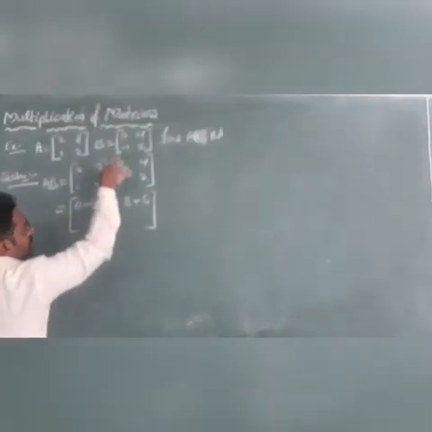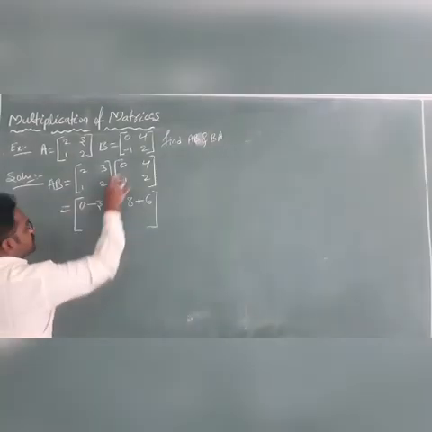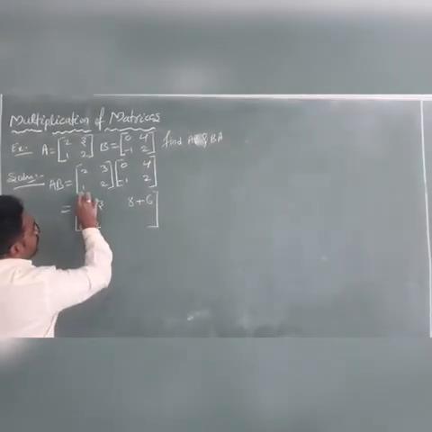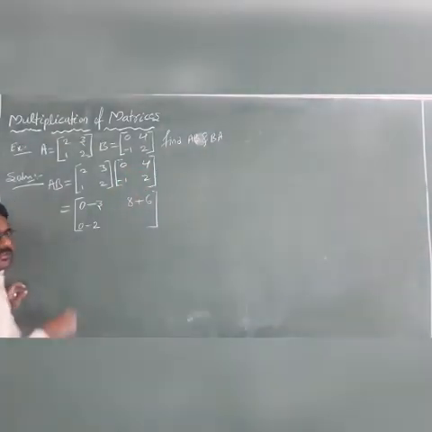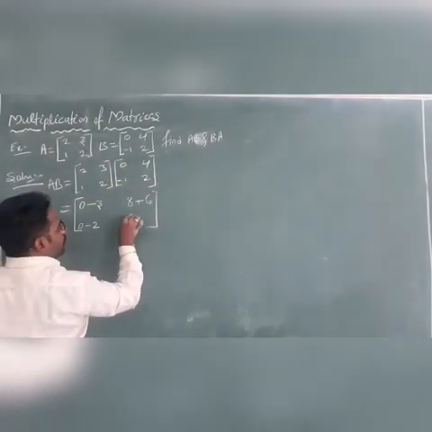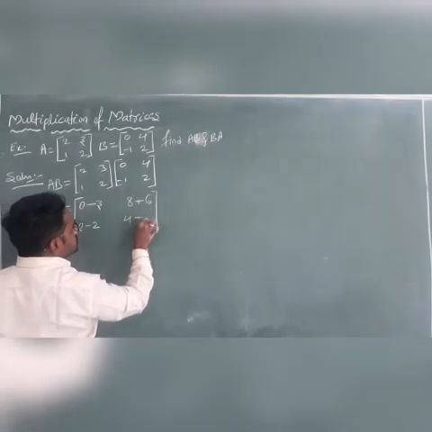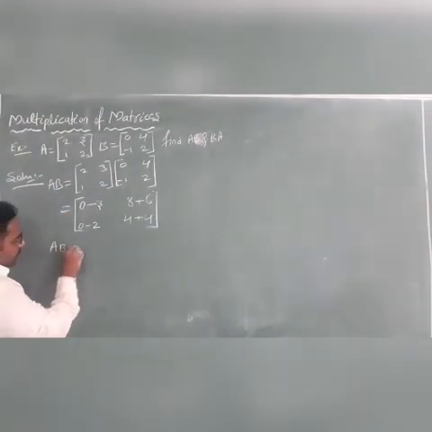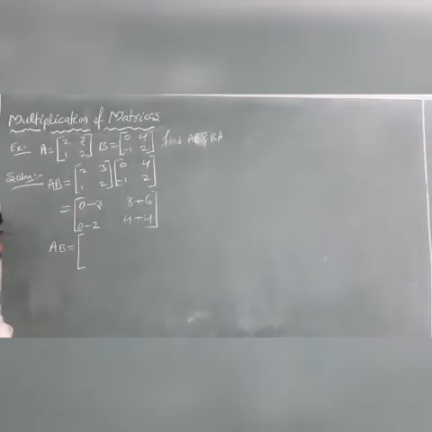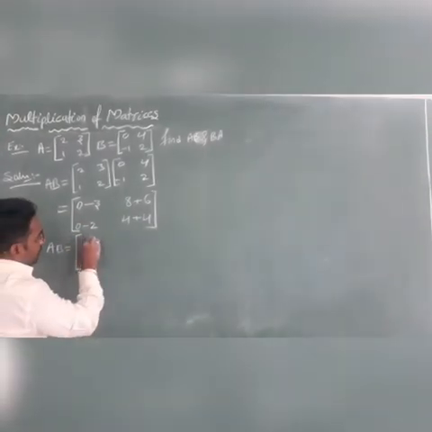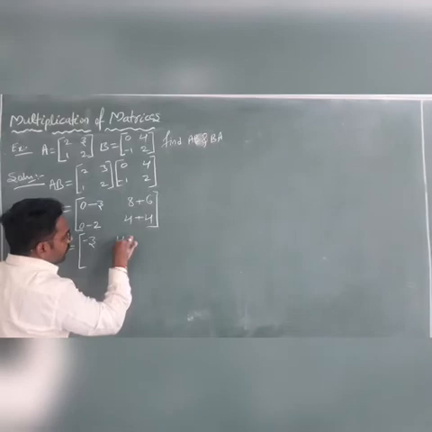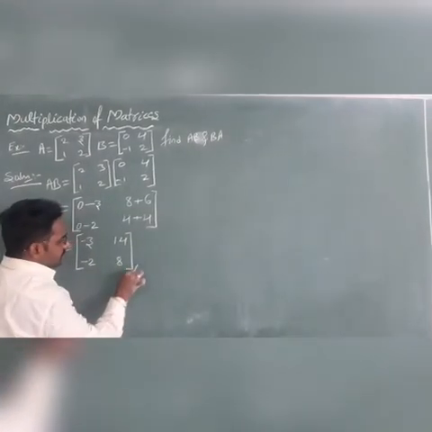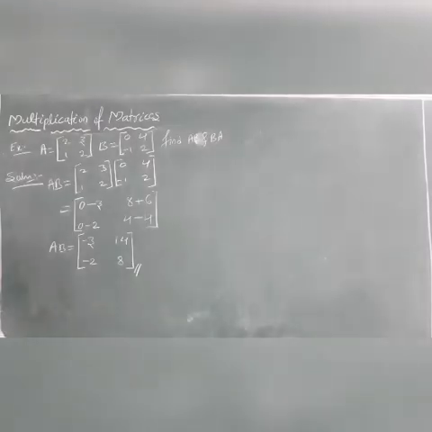And the second row, first column element 1 into 0, 0, 2 into minus 1, minus 2. And the second row with the second column 1 into 4, 4, 2 into 2, plus 4. So what is the AB here? AB is of the elements minus 3, 14, minus 2 and 8. This is the product AB.